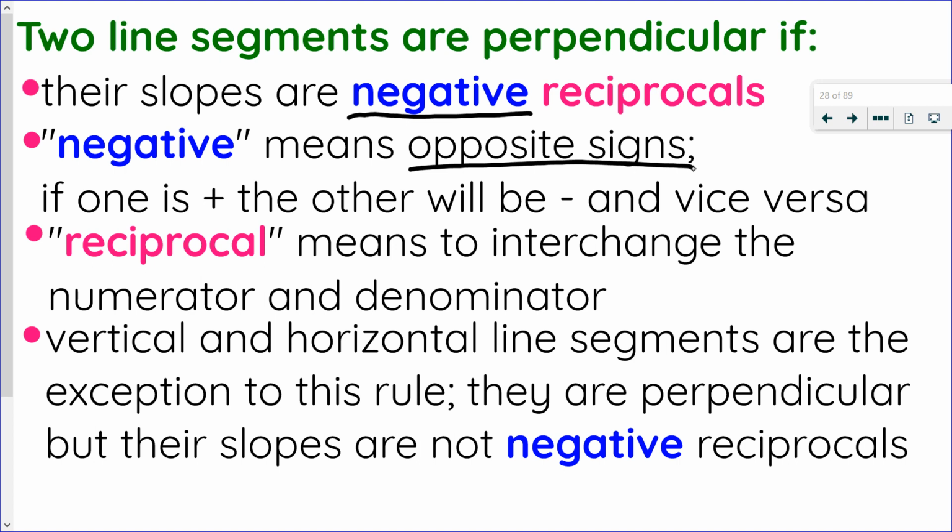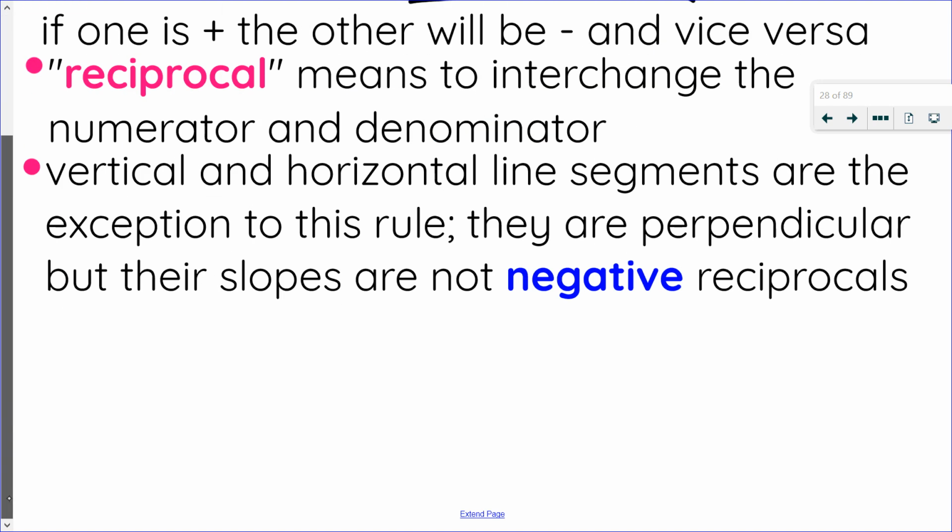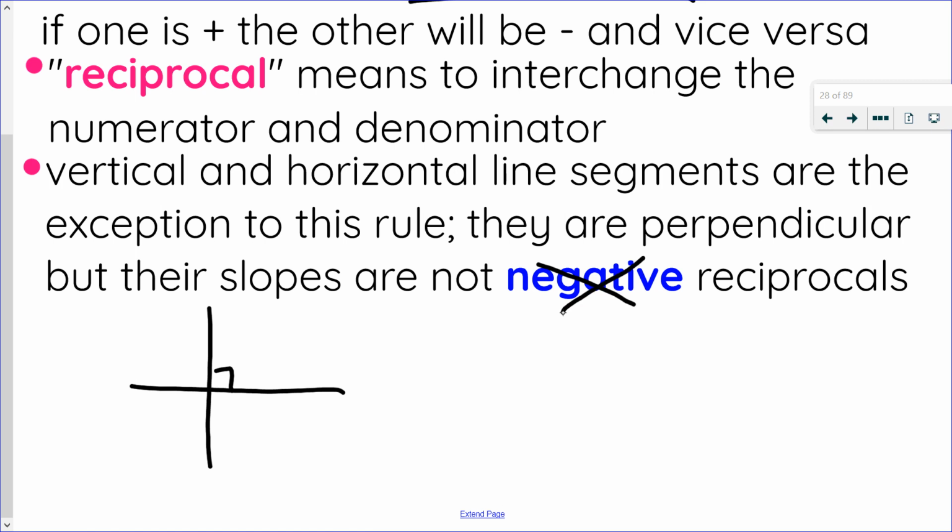The one exception to that is vertical and horizontal line segments. So if I have a vertical up and down line and I have a horizontal straight across line, those are in fact perpendicular to one another, but they are not negative reciprocals. They're just reciprocals. Okay, just to refresh your memory, a horizontal line has a slope of 0.